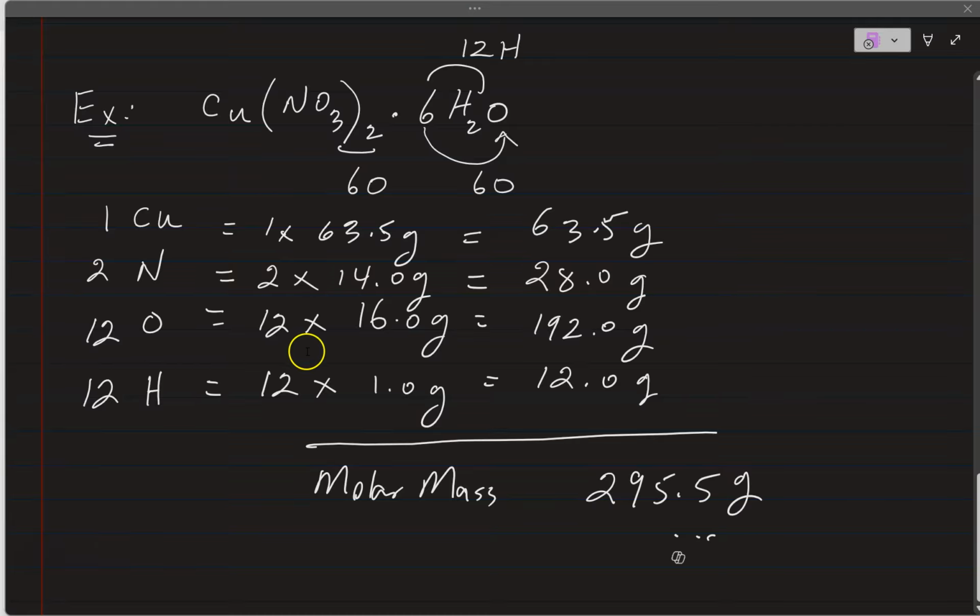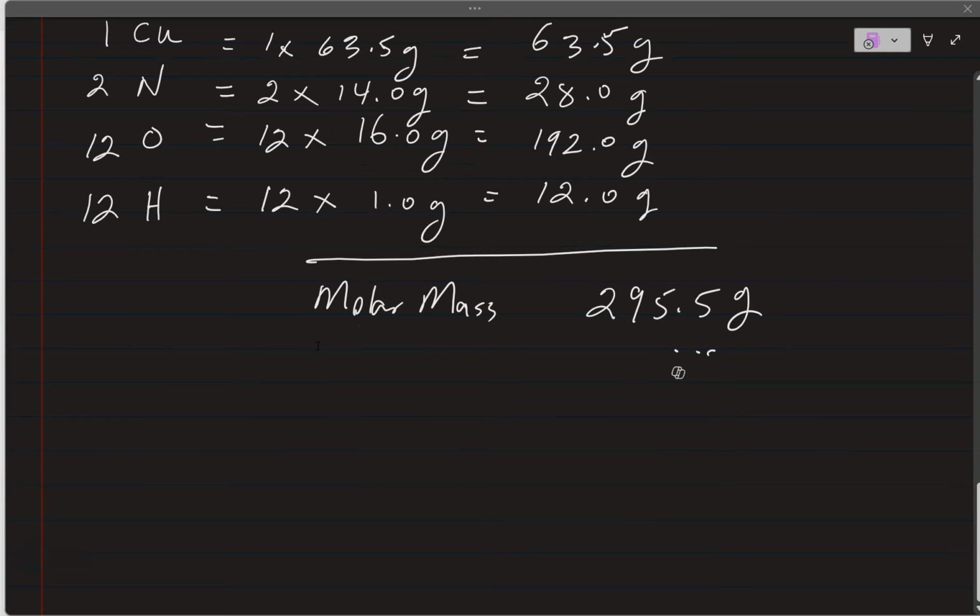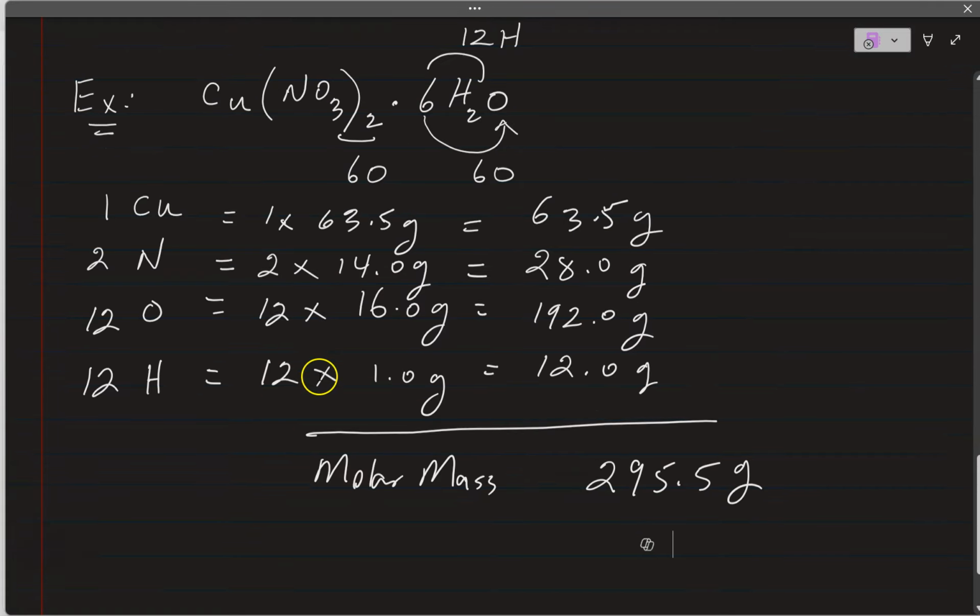All right, and remember, again, the actual unit on this one is gram per mole, but we use that so that we can do the calculation when we are doing dimensional analysis, but the actual unit of molar mass is gram per mole. Okay, so that's 295.5 gram per every mole of this compound.